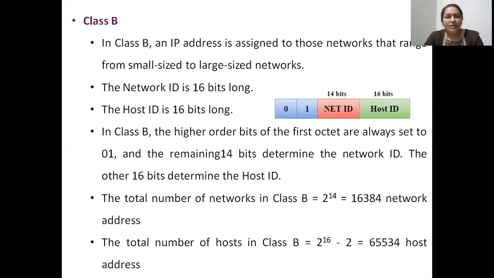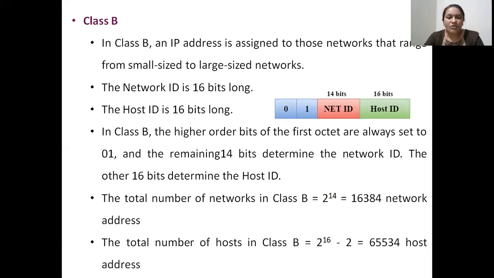In class B, the IP addresses are assigned to those networks which vary from small size to large size networks. Both network ID and host ID are 16 bits long, but out of network ID, the first two higher order bits are always set to 1, 0 to indicate that they belong to class B, and the remaining 14 bits determine the network ID.